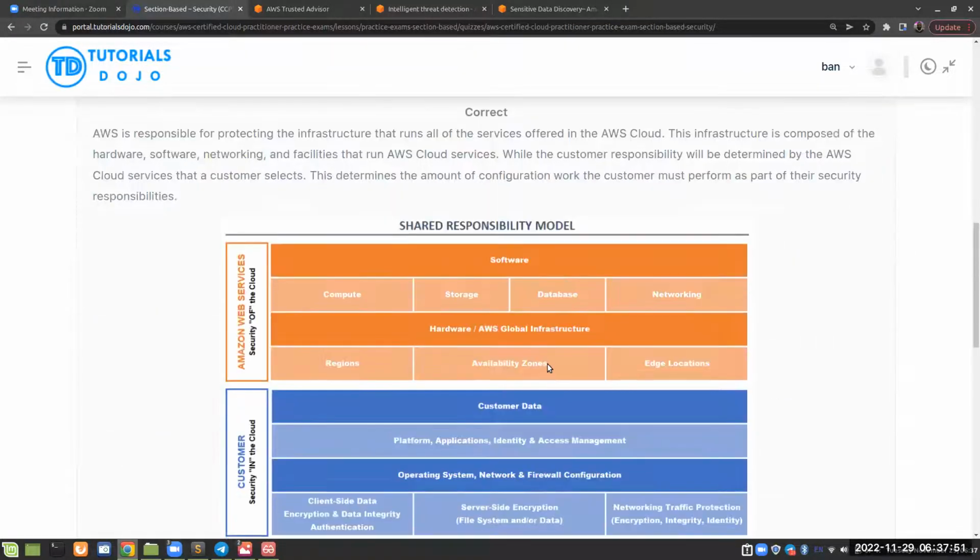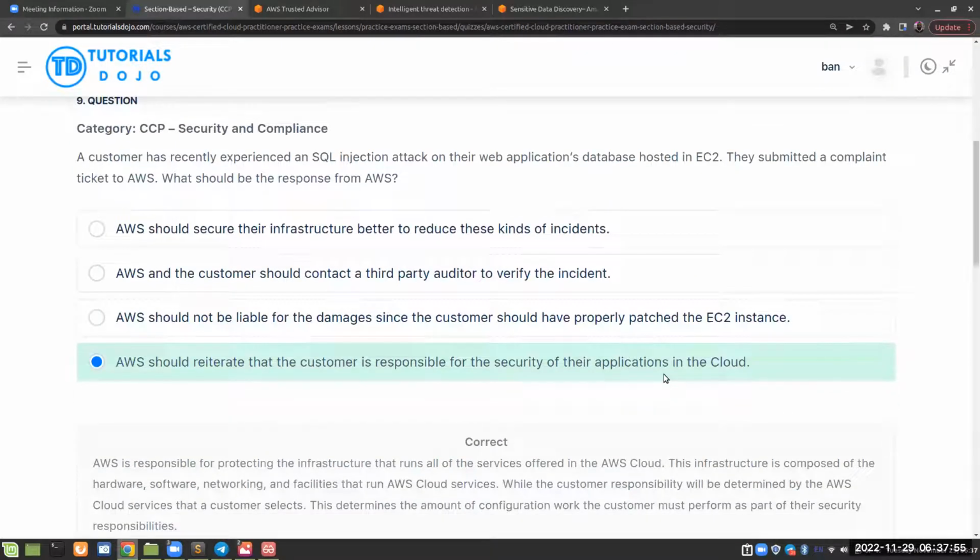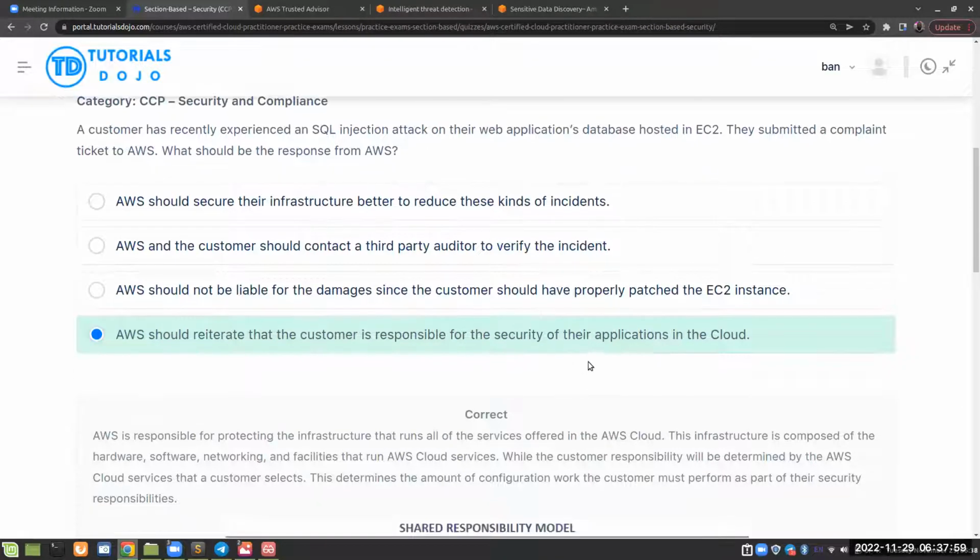Where AWS is responsible for some part and you are responsible for some part. The issue of your data in the cloud is your responsibility. This has to do with security in the cloud. So if you have your application, AWS has provided all the services that you should configure to protect your application.